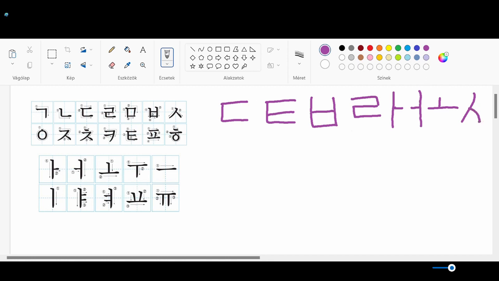And as a second really important thing, each consonant is able to have one or two vowels, but not more. Less can be, one or two vowels, and I write some examples.